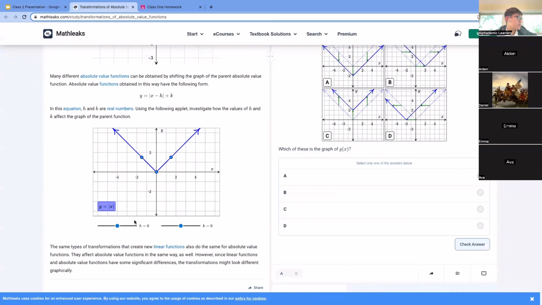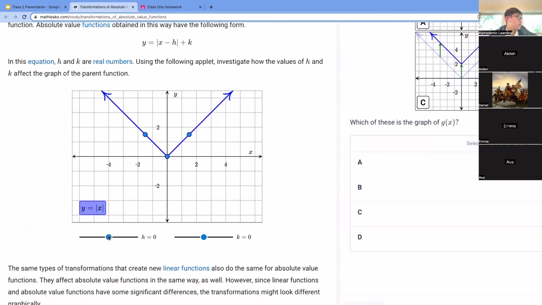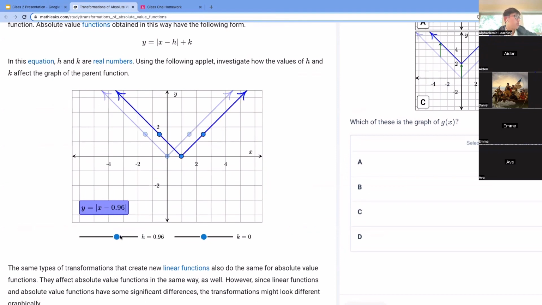So right here, you can see in this function, when we slide h up, it becomes y equals absolute value of x minus h. And when h becomes positive, it slides to the right of the number line. When h is negative, it shifts to the left-hand side.